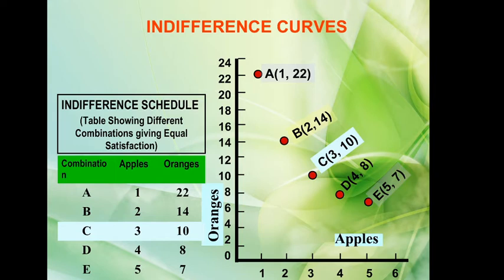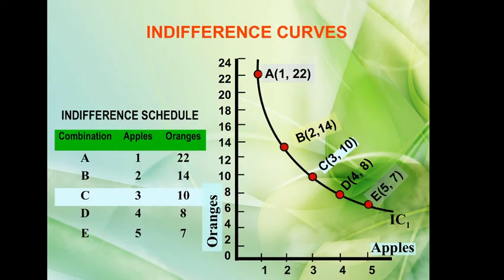Second combination is 2 apples and 14 oranges. Third combination is 3 apples and 10 oranges. Fourth combination is 4 apples, 8 oranges. And the fifth combination is 5 apples and 7 oranges.